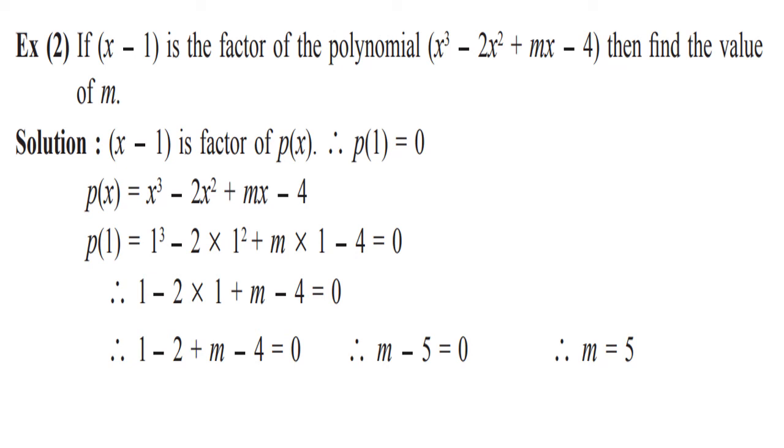One more example we will see from the textbook. If x minus 1 is a factor of polynomial x cube minus 2x square plus mx minus 4, then find the value of m. Now see, the converse you have to consider. See, x minus 1 is factor of this polynomial. So what we can say here is, for x is equal to 1, the value of the polynomial is 0.